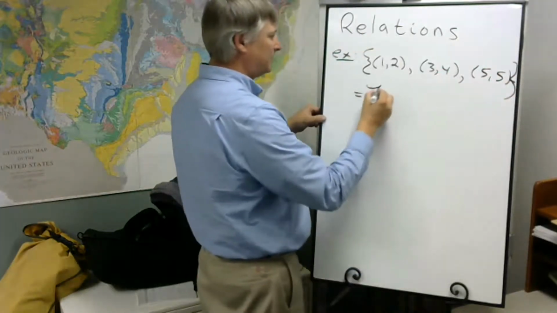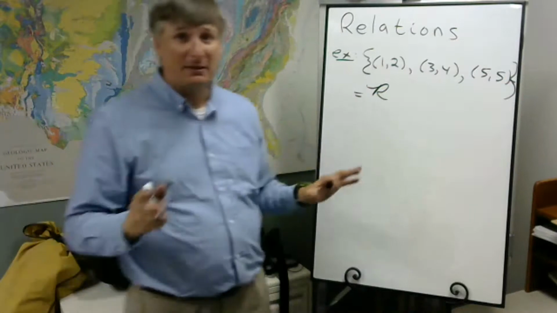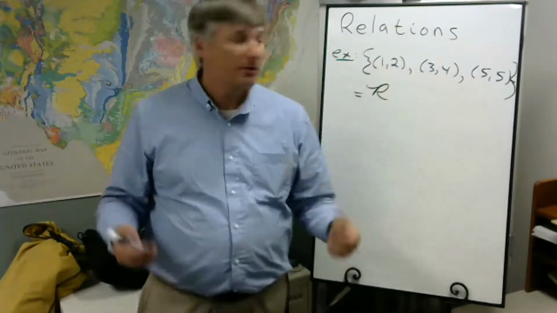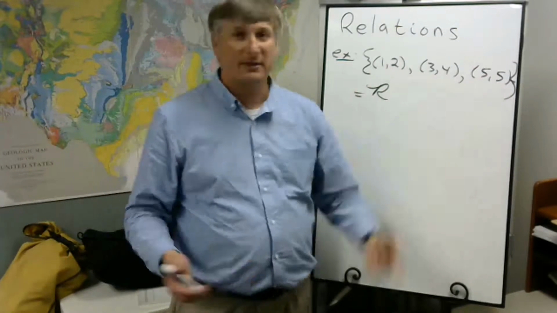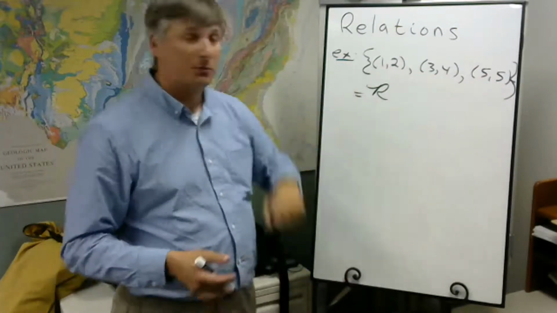And this is our relation, a kind of cursive R for relation. And that's it. Only 1, 3, and 5 are the inputs. Only 2, 4, and 5 are the outputs. And there are no other mathematical relationships for this relation.